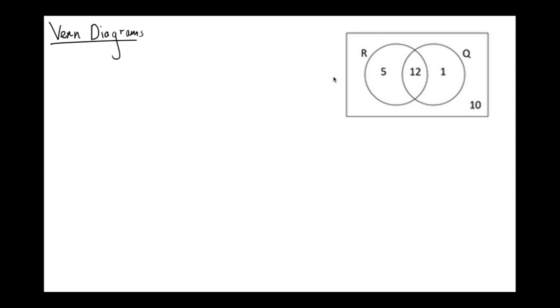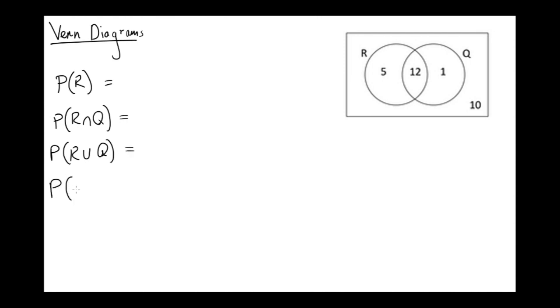Okay, the final question to look at, we have a completed Venn diagram, and I want to know the following. So we want to know what the probability of R is. We want to know what the probability of R intersection Q is. I want to know what the probability of R union Q is.